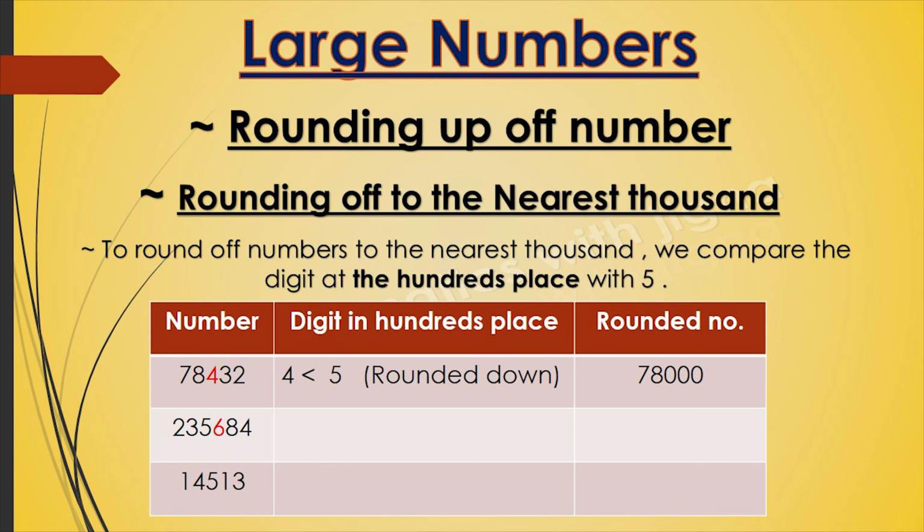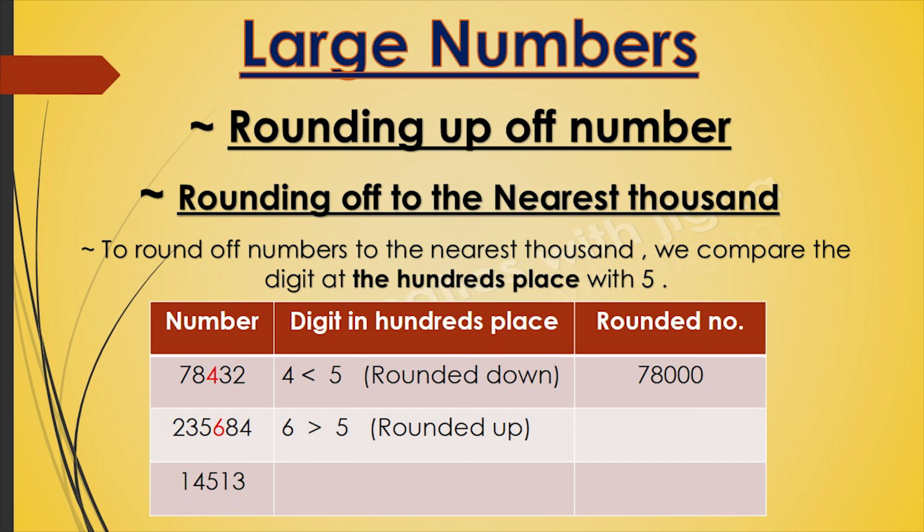Now talk about the second example, 235684. Here 6 is in the hundreds place. So 6 is more than 5, or you can say greater than 5. So if the digits in the hundred place greater than 5, then we round up the number by adding 1 to the digit at the thousands place.